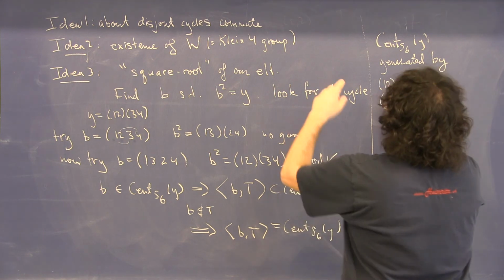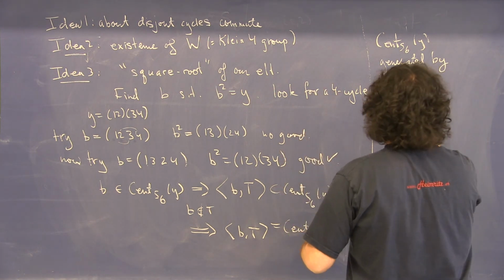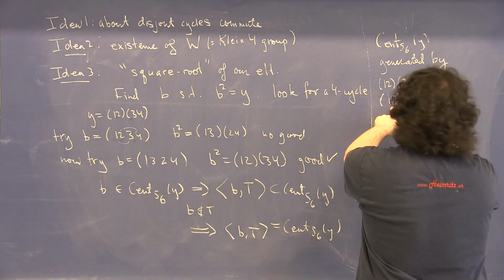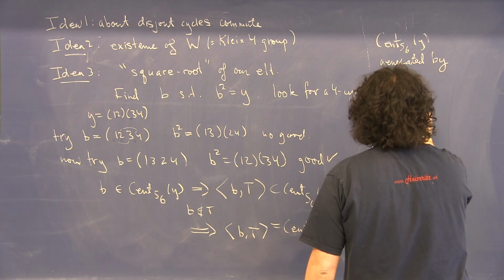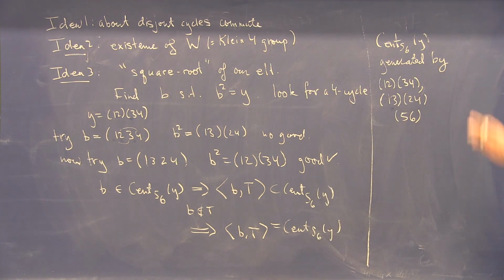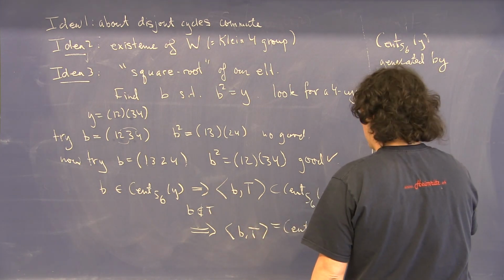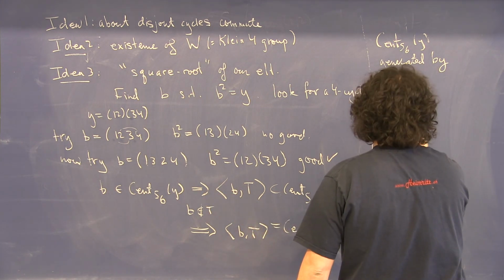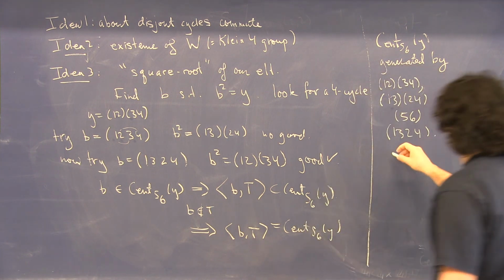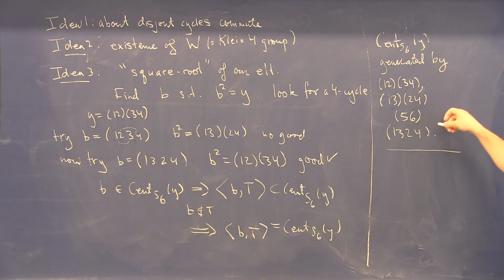Anyway, I have this one from the Klein 4 group. I have (5 6) because it is disjoint to the ones before. And finally, I have my b, which is the 4-cycle (1 3 2 4). Okay, good. So we found a description of the centralizer.